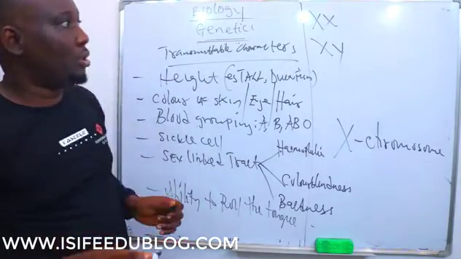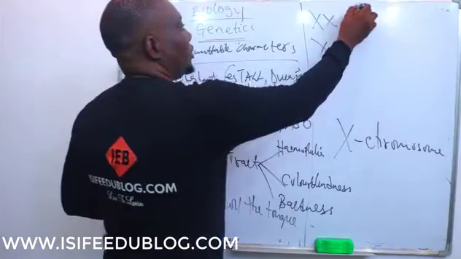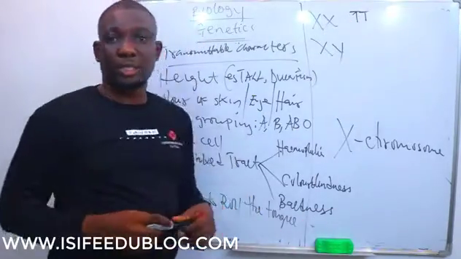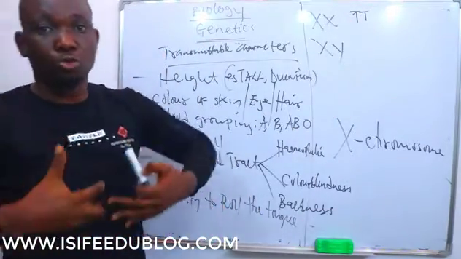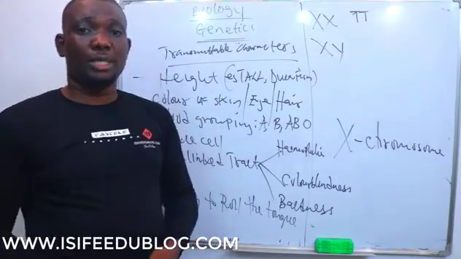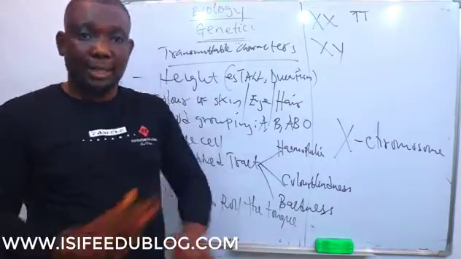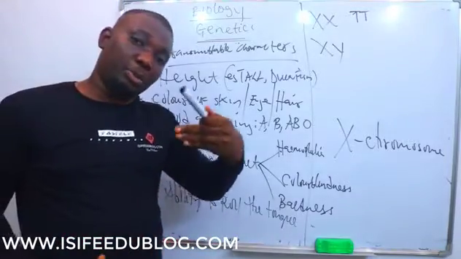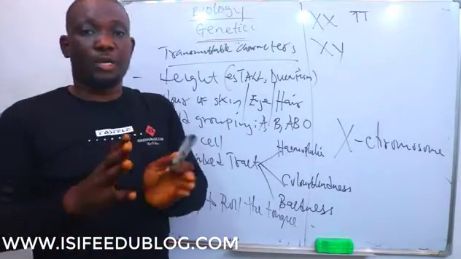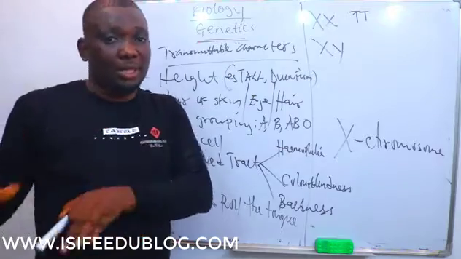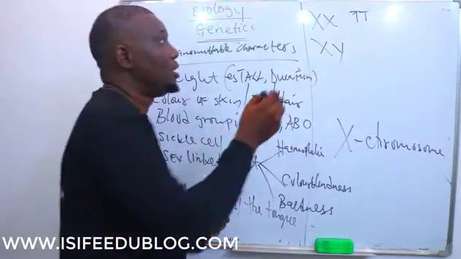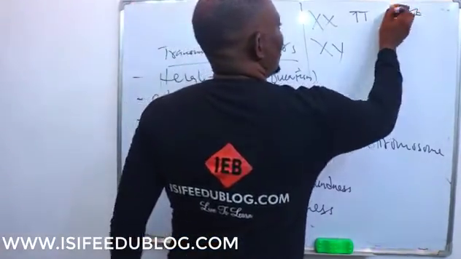I can place you on the allele of TT. That is those that are able to roll their tongue. But those that cannot roll their tongue, no matter how they try, they can't roll their tongue. They belong to the category of characters that are controlled by a recessive trait. Recessive. So I'm going to use the lowercase letter to contrast that gene.